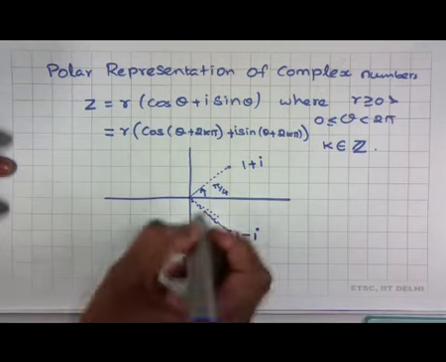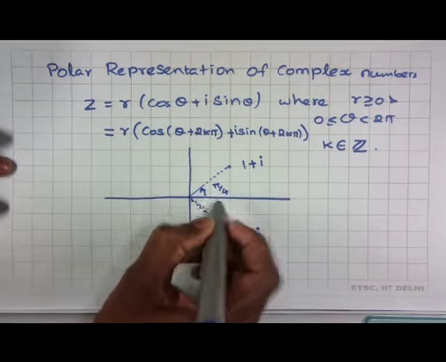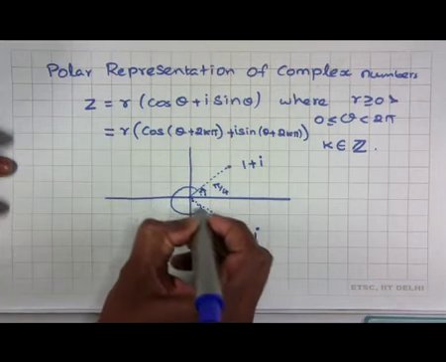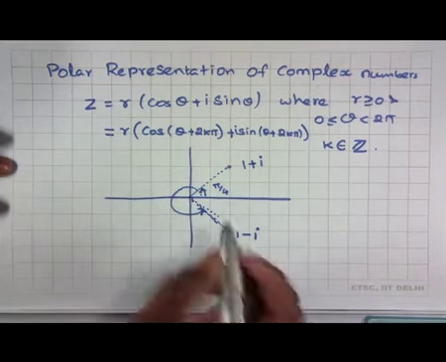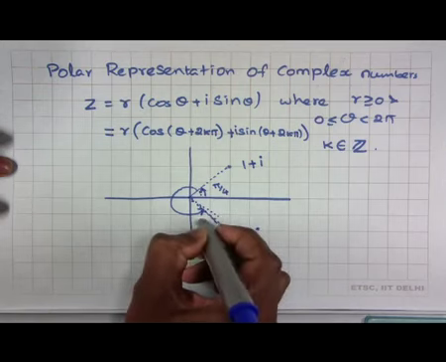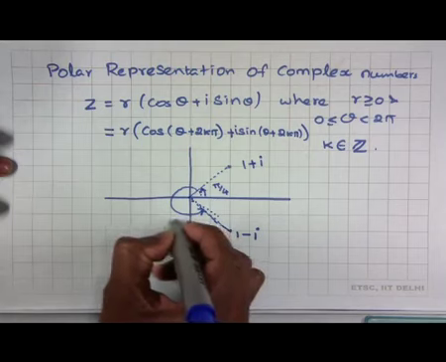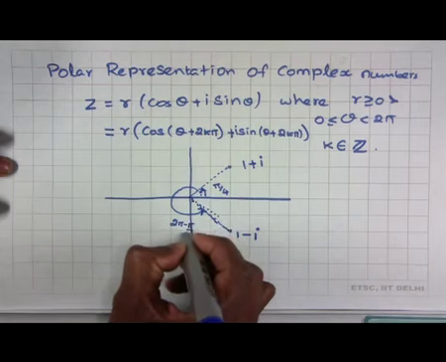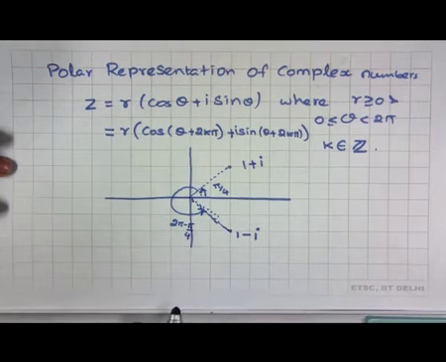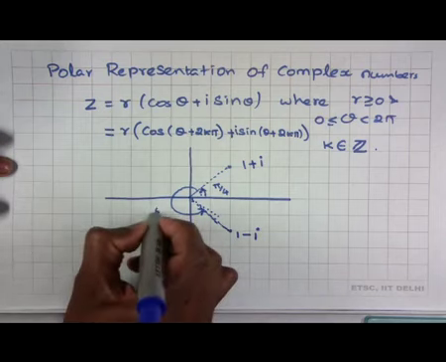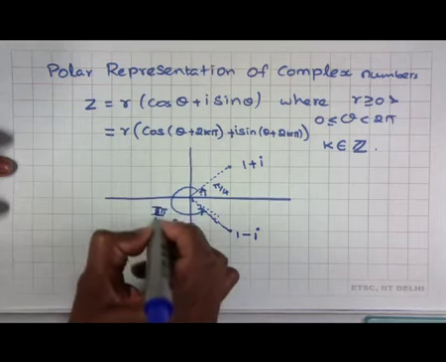The angle made from the x axis, we see that it is 2 pi minus pi by 4, which is the same as 7 pi by 4.